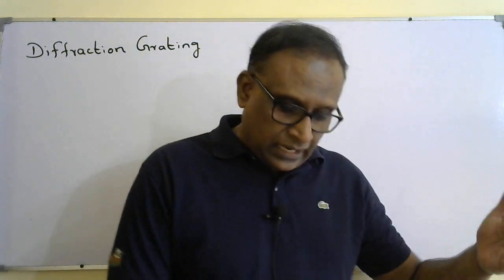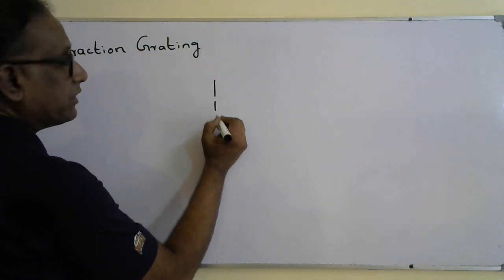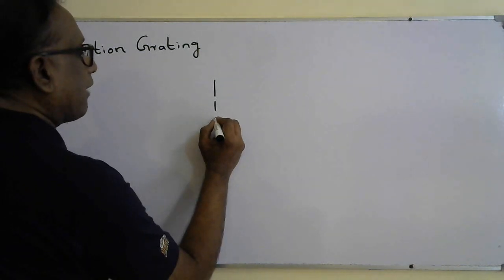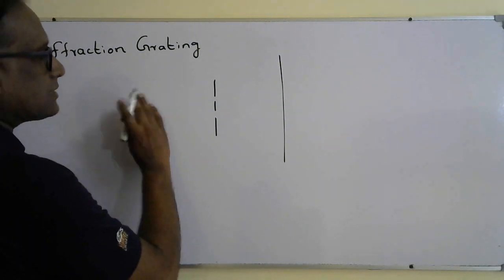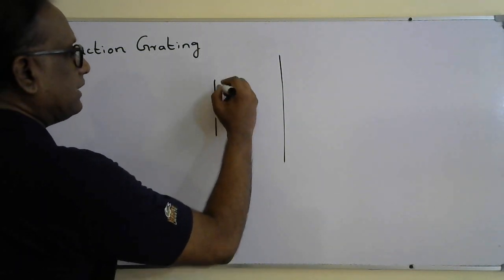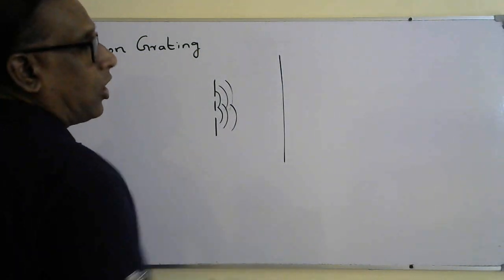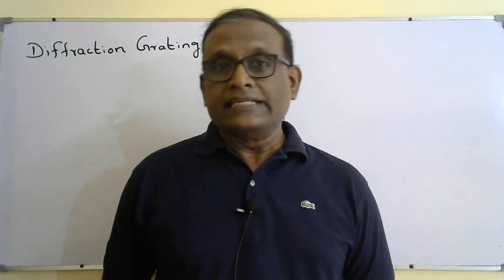If you keep a screen here, when light passes through the double slit, the light will diffract through the two slits, and these diffracted lights will overlap on the screen, and that will create alternately bright and dark fringes.